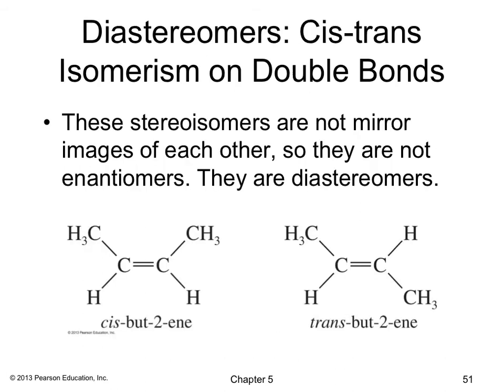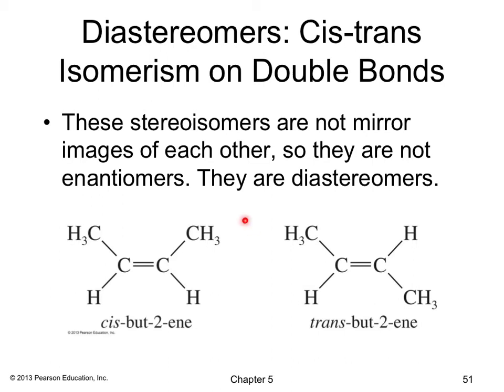Diastereomers. Cis-trans isomerisms on double bonds are not enantiomers, which are mirror images that are non-superimposable. Rather, they are not mirror images and they're not superimposable.